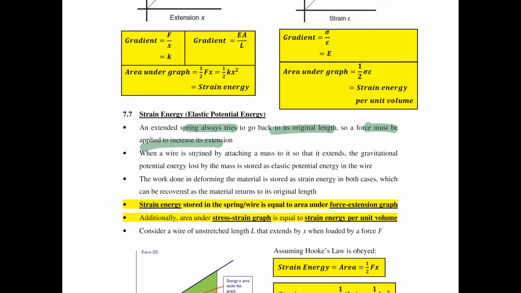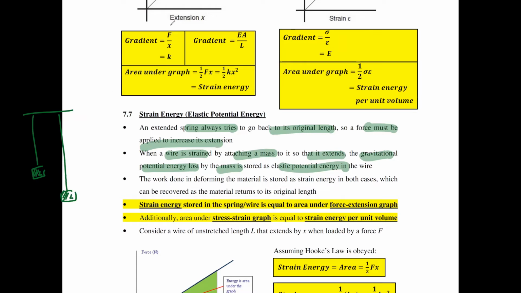And likewise, when you have a wire that is strained by attaching a mass so that it extends, the gravitational potential energy lost by the mass is stored as elastic potential energy in the wire. What do we mean? It is something like this. If this is your wire, and then you attach a mass onto it, the wire will extend due to the mass applying a force onto it.